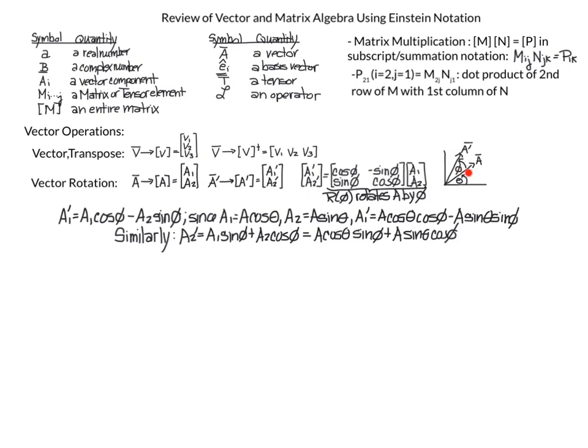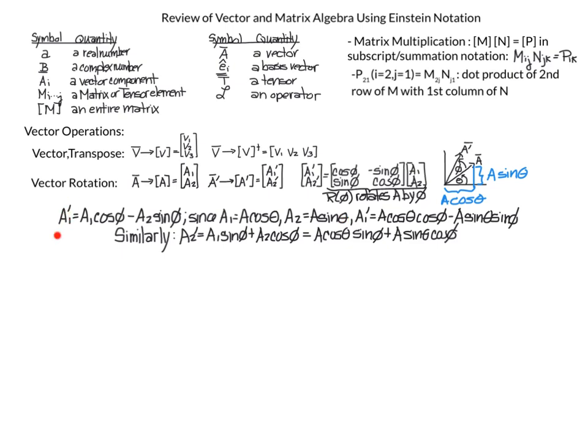Looking at this drawing, let's look at a1. So here's our vector a. The x-coordinate for a is going to be a times cosine phi, and our y-coordinate is going to be a sine of phi. So a1, our x-coordinate, is a cosine of phi, and a2, our y-coordinate, is a sine of phi.